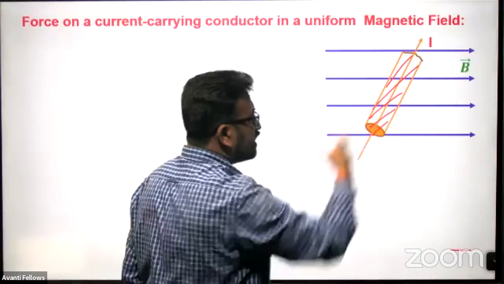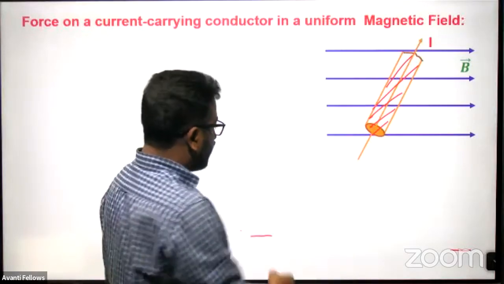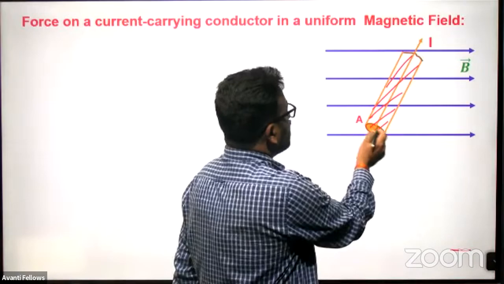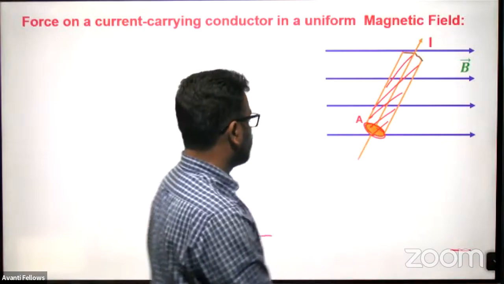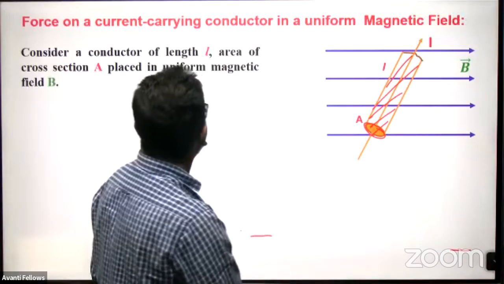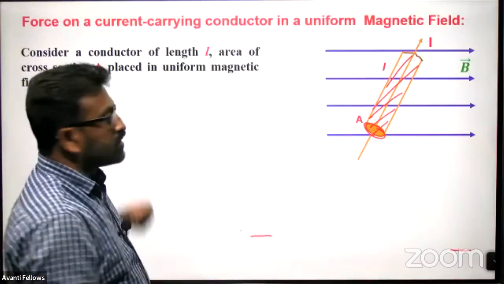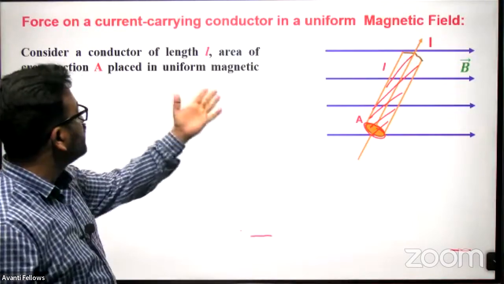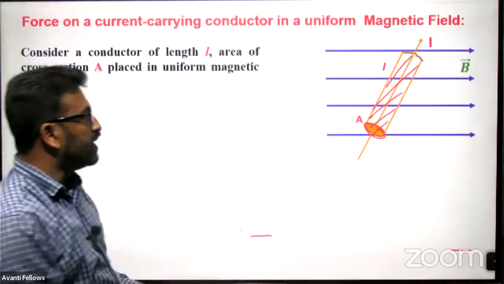It is placed in a uniform magnetic field and has a cross-sectional area A. A conductor of length L and area of cross-section A is placed in a uniform magnetic field capital B.